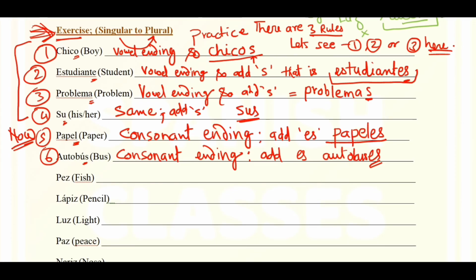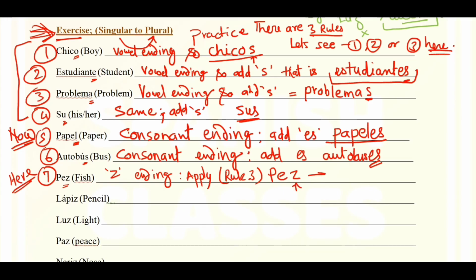Now the third category comes. Here we have the third category. Example is pez, z ending: drop z, add ces. Z ending noun, apply rule number 3. That was drop z and add ces. Pez becomes, you have to drop this z and add ces.